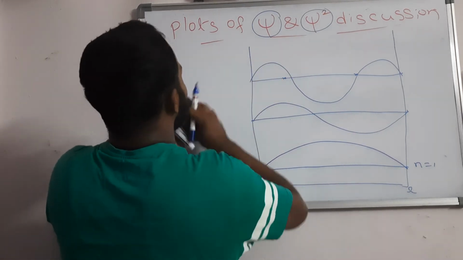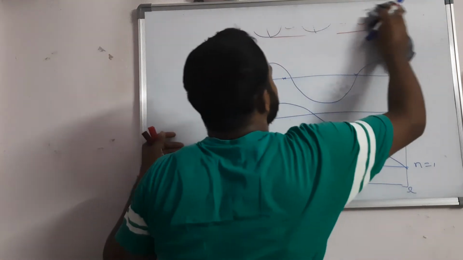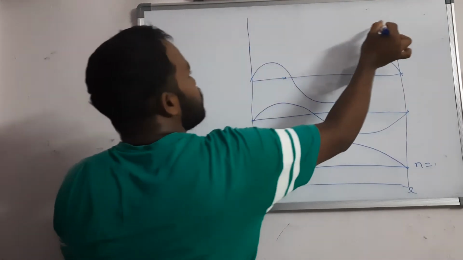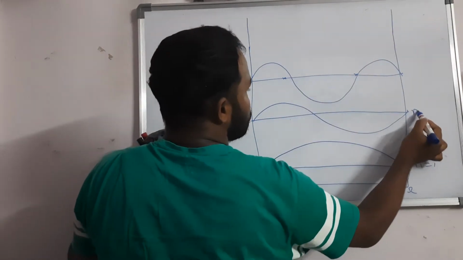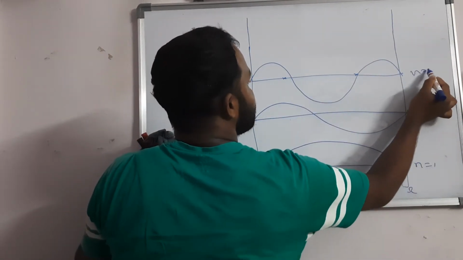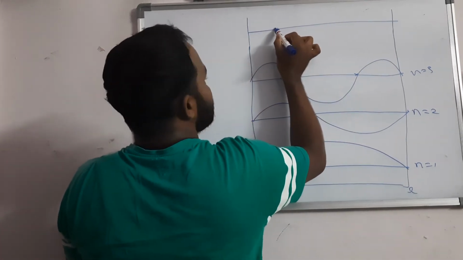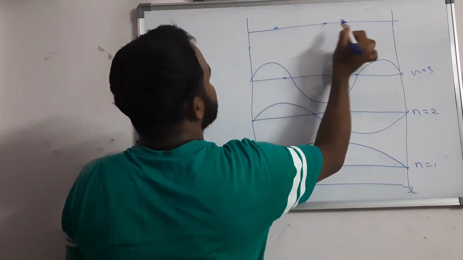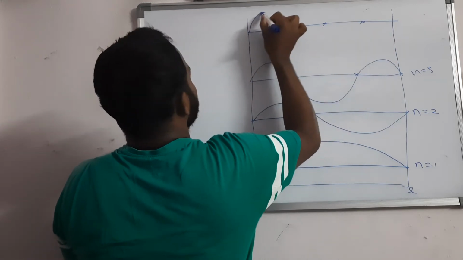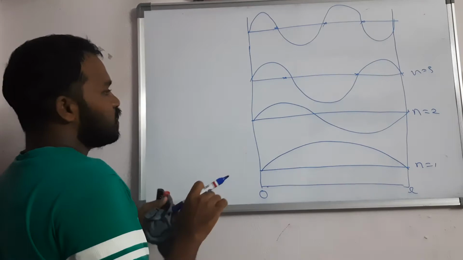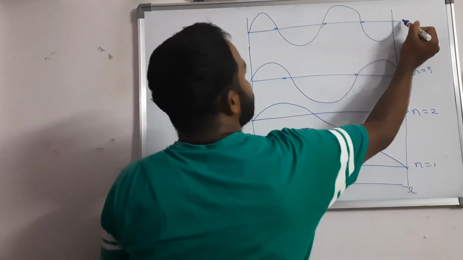If n is equal to 4, you should write one more line. If you extend this, here n is equal to 2, n is equal to 3, and here you will get n is equal to 4. 4 means 3 nodes, right? So this is n is equal to 4.